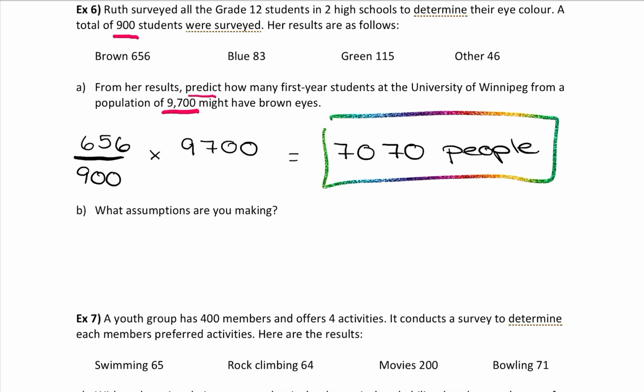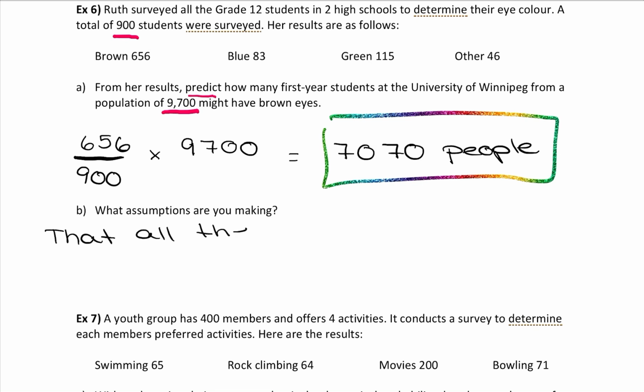What assumptions are you making? Well, what we're doing is we're taking information about grade 12 students and we're using it to make a prediction of first-year university students. So what assumptions we're making here is that all the same students from the grade 12 survey would then go to U of W and be the same in order to be able to predict those results. So what assumptions are we making?